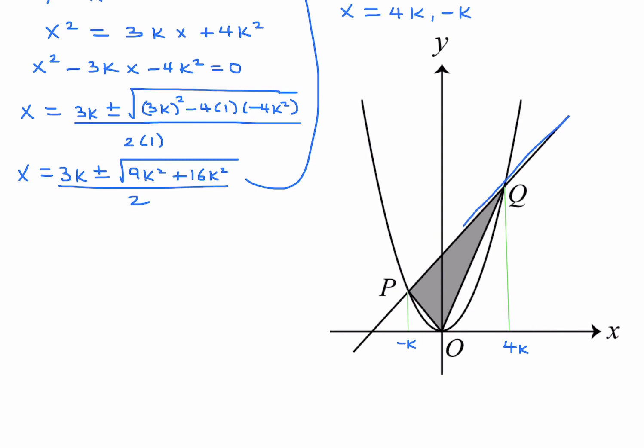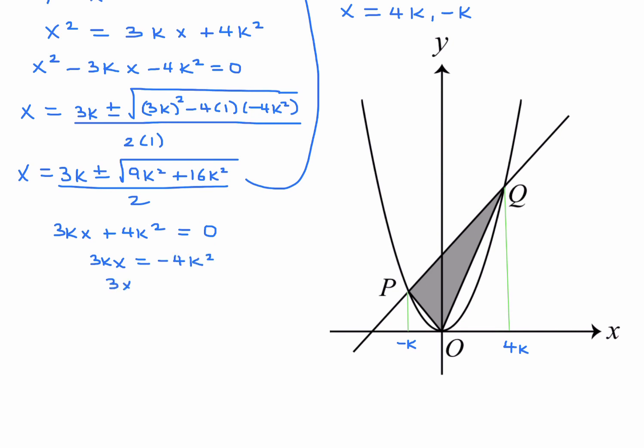So when does this line cross the x-axis? Well, that line was 3kx plus 4k squared, and we want to know when that equals 0. Let's put everything on one side. So 3kx is equal to minus 4k squared.